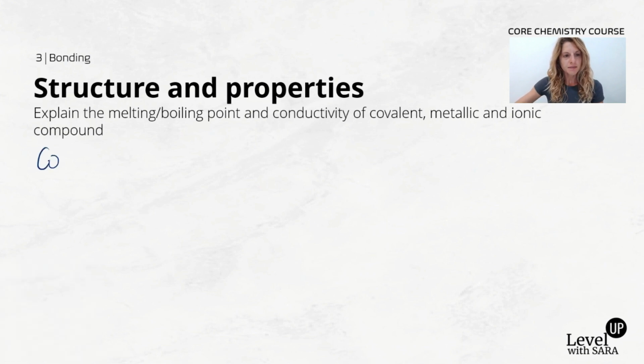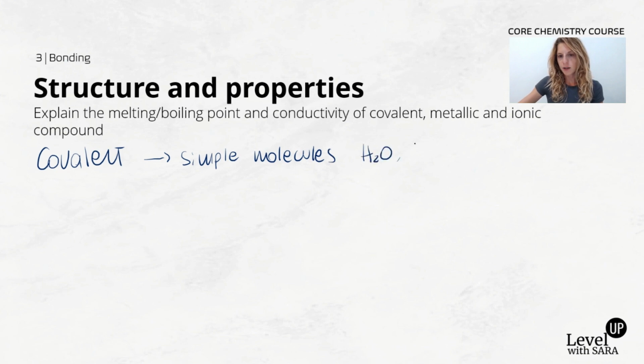So, covalent, we saw two different types of structures. We saw simple molecules, an example was water, carbon dioxide, okay, and giant structures.